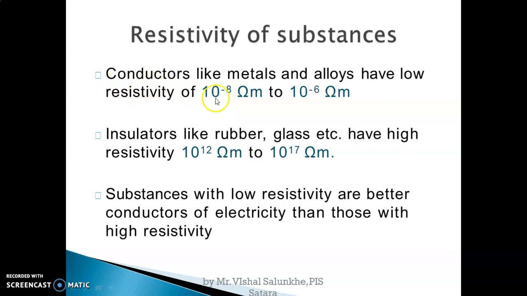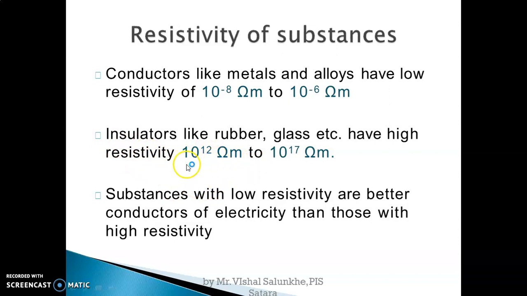If resistivity is less, it means conductivity is very high. 10 raised to minus 8 ohm meter to 10 raised to minus 6 ohm meter is the range of resistivity of some conductors. And if you see some insulators like rubber, glass.